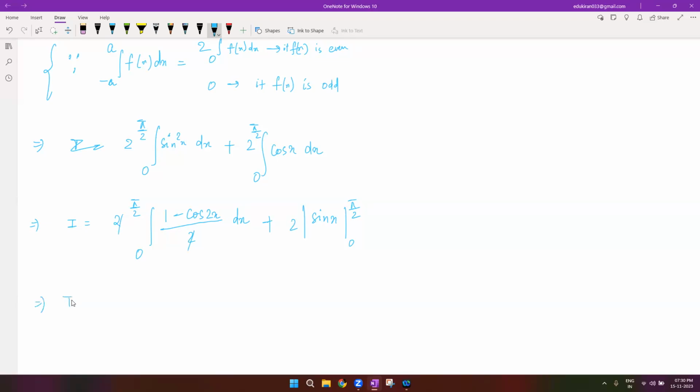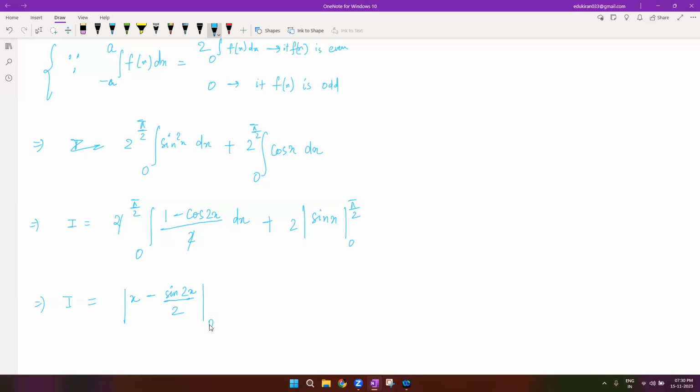So this is nothing but I is equal to, the integration of this is x minus, integration of cos is sine, but it is not just x, it is 2x. So we will also divide it by 2. Only this expression sine 2x, because we are only integrating cos 2x right now.